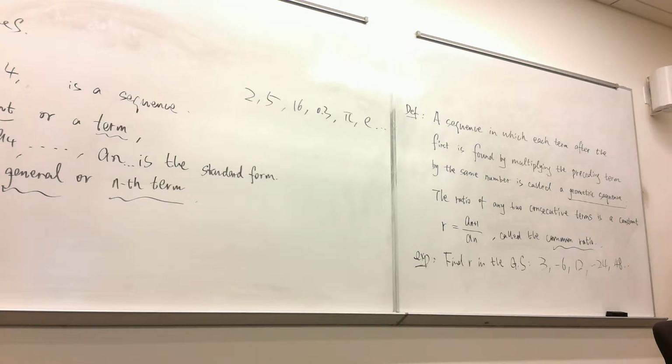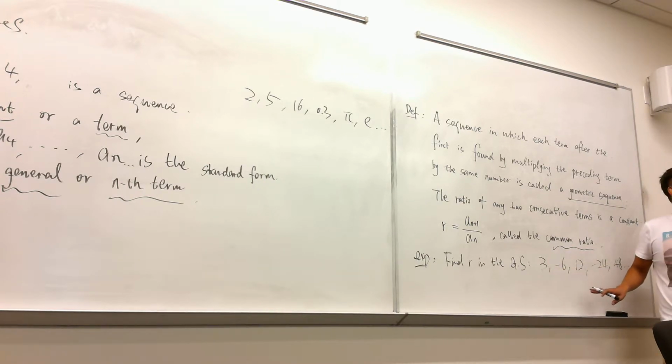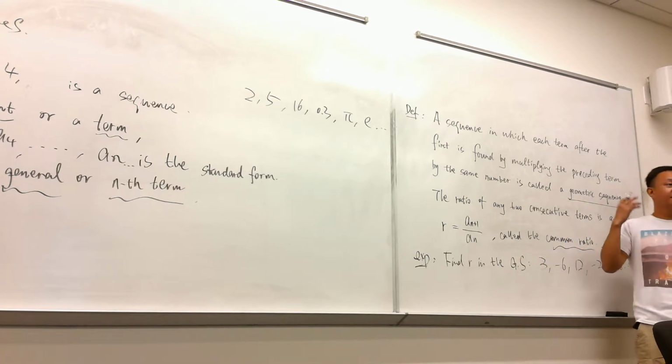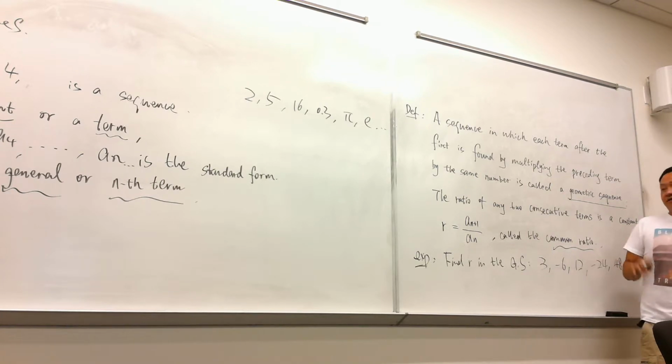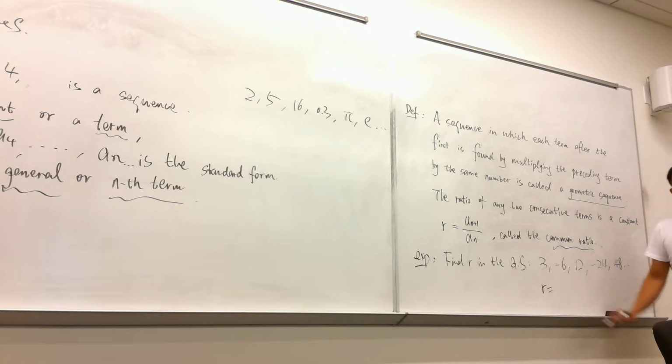The common ratio is found by using the next term divided by the previous term. And guys, if I tell you it's a geometric sequence, it's going to be a geometric sequence. I'm not going to fool you. All the sequences you are going to see here are geometric sequences. I just want you to get familiar with the terminology. You can find r using any term divided by the previous one.